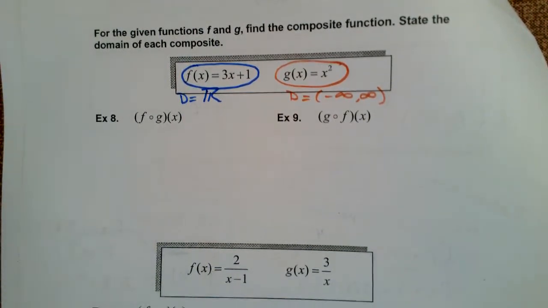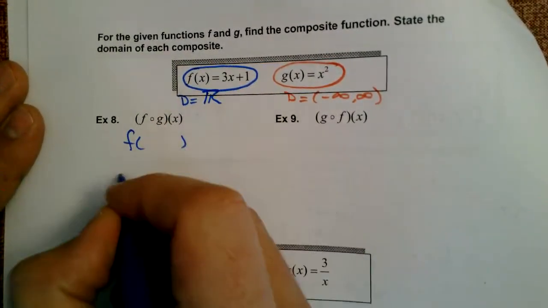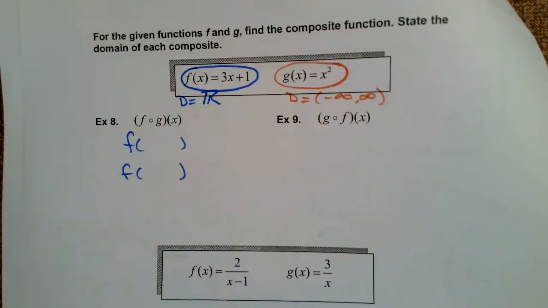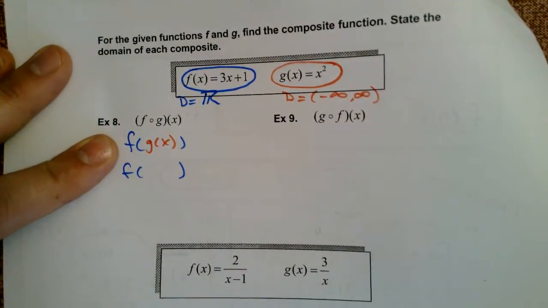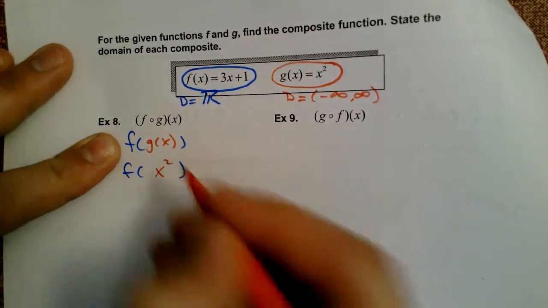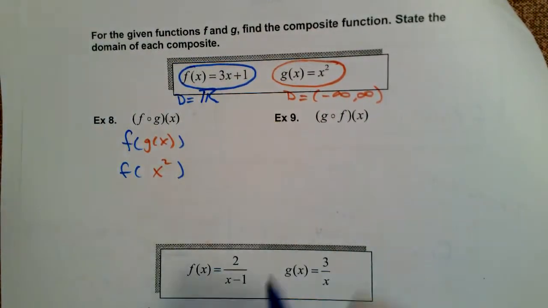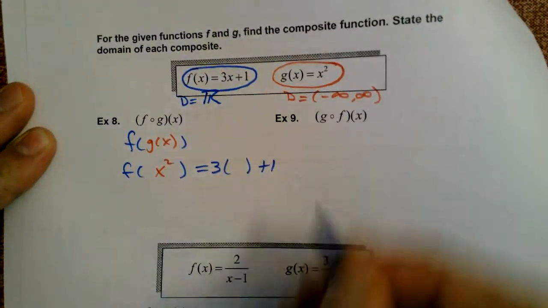So let's get started here. All right, it says f of g of x. So let me write my f's here. f of g of x. Well, g of x is x squared. So I'm doing f of x squared. Well, the f function says I take 3 times my input and I add 1 to it.